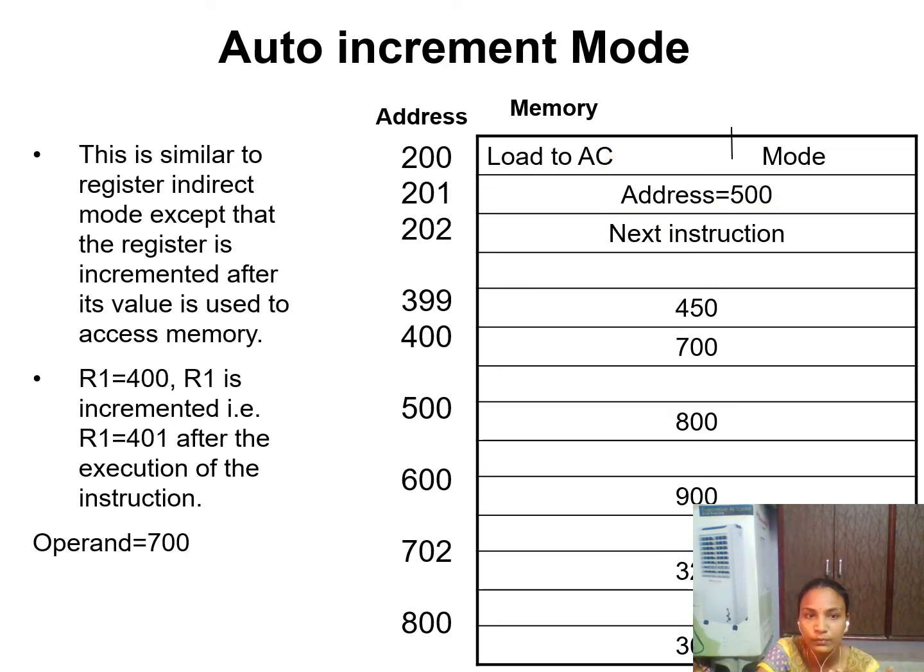Auto increment mode. This is similar to register indirect mode except the register is incremented after its value is used to access memory. Here the corresponding register value is 400. So let's go to 400. This 400 is the address of the operand. Now if we go inside 400, we can see 700.